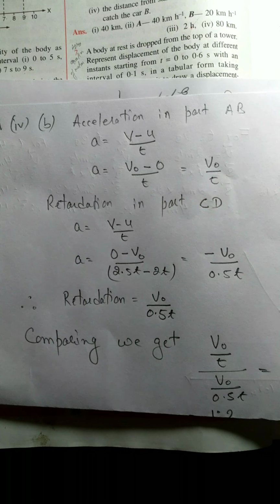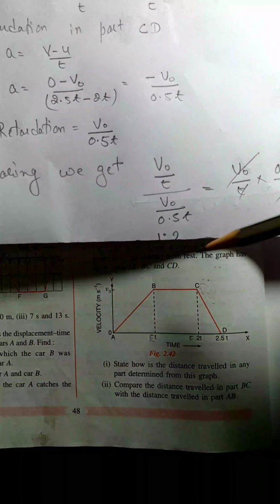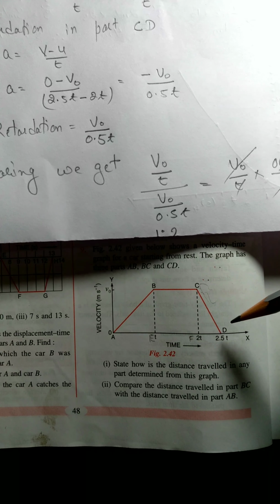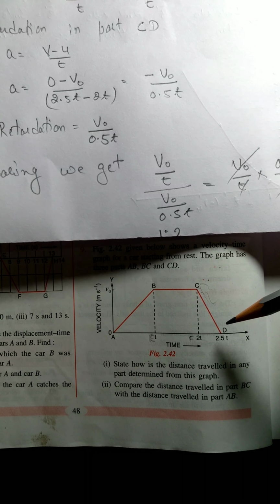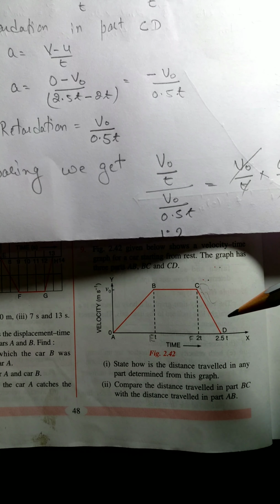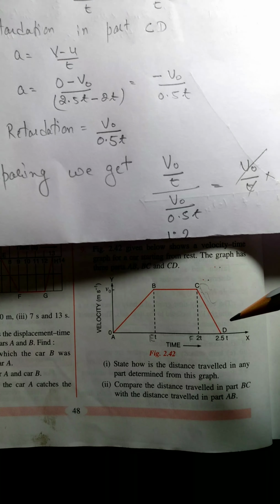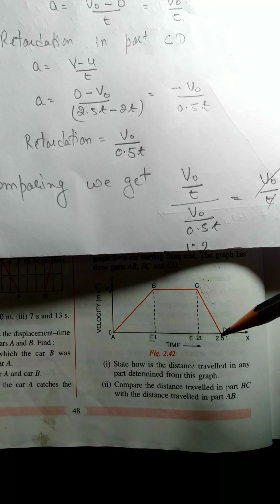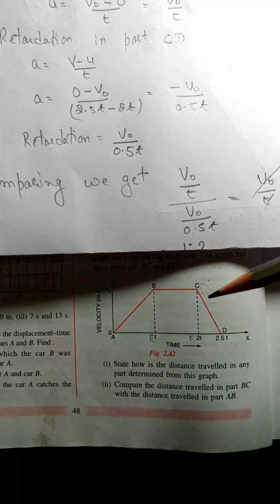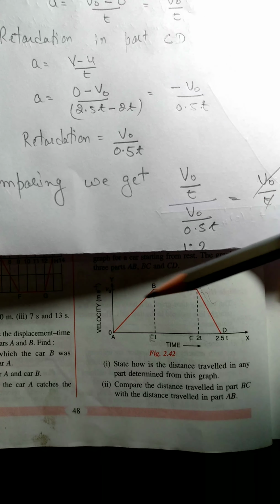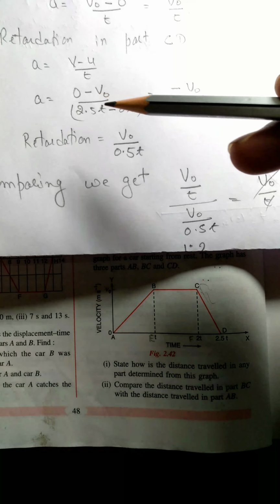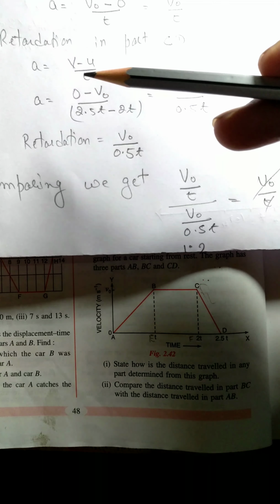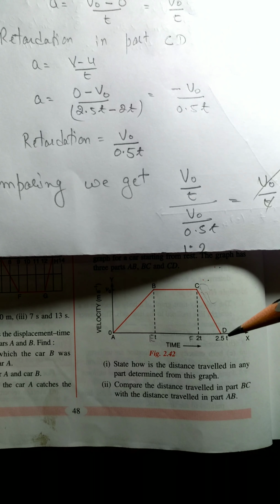Now the retardation in part CD. Since the line is coming down, again a equals v minus u upon t. Here v is 0 because the final velocity comes to rest, and u started from v naught. So it is 0 minus v naught upon time.